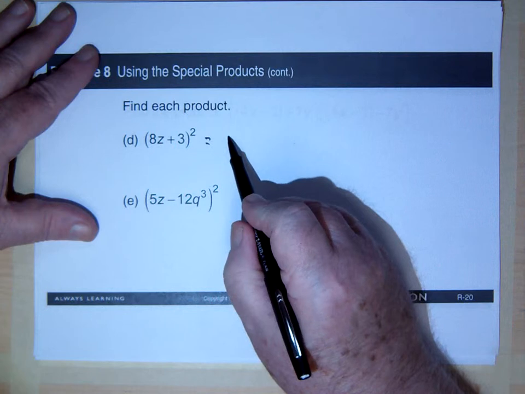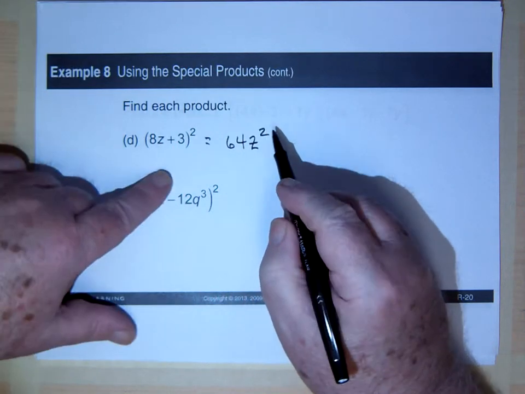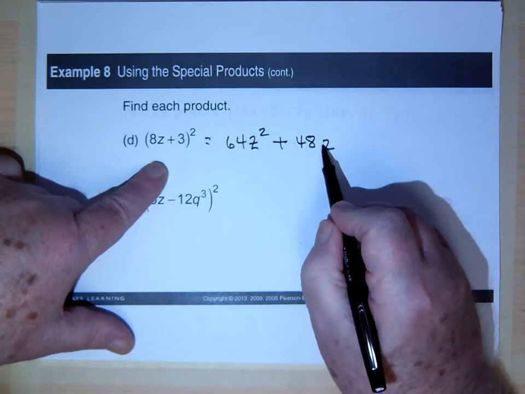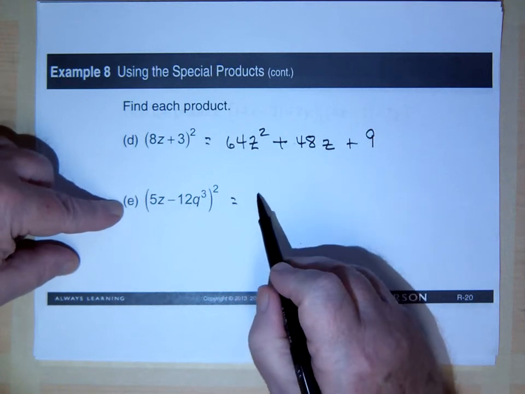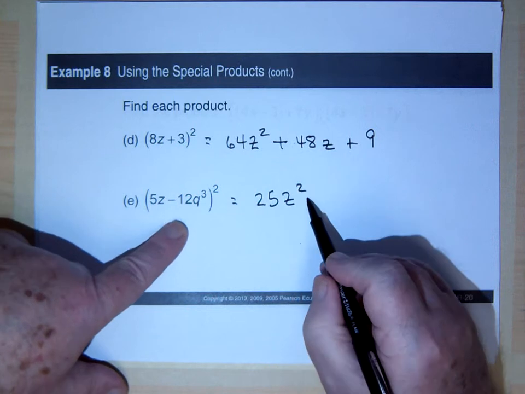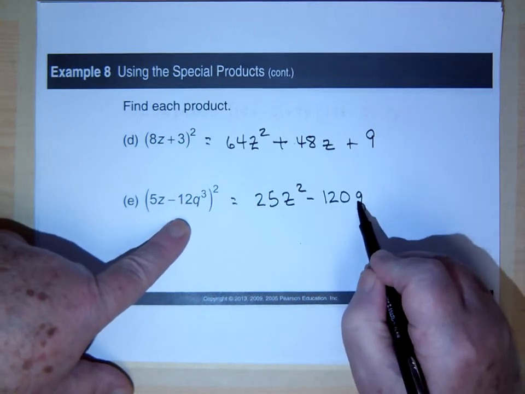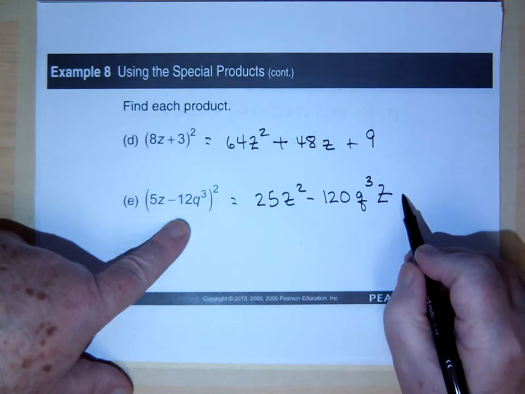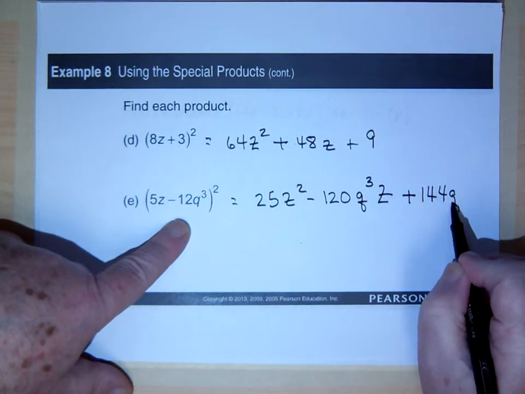So this is going to be 64 z squared plus, that is going to be 48 z plus 9. This is going to be 25 z squared minus 120 q cubed z, and this is going to be plus q to the 6th.